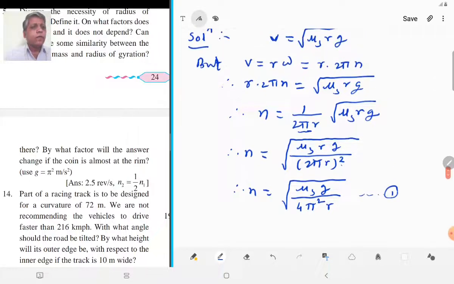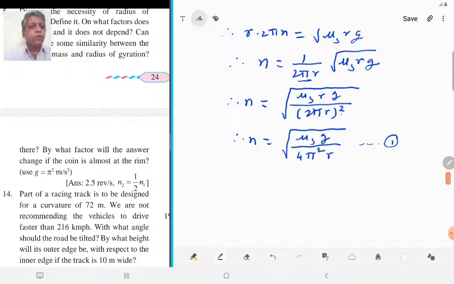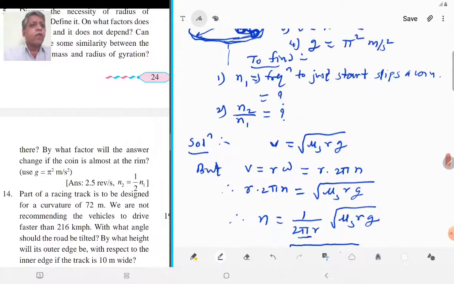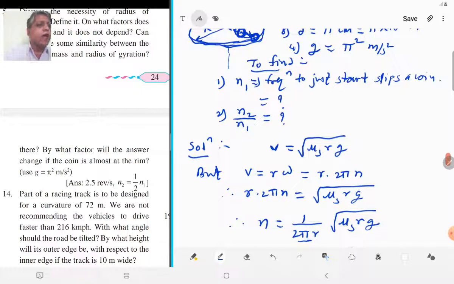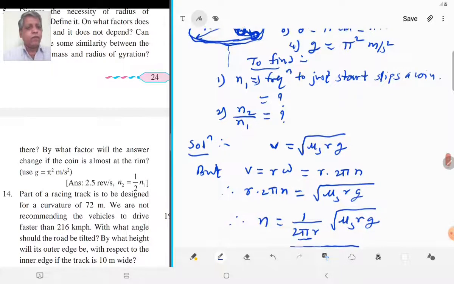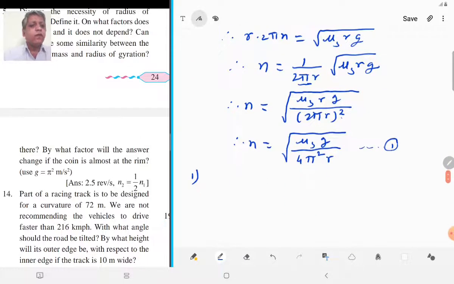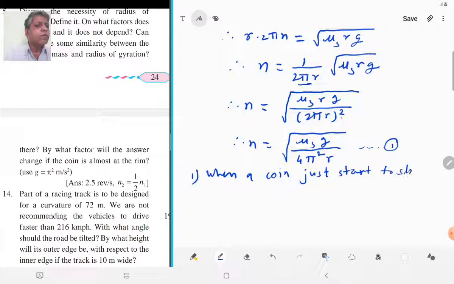Now, first point. Here we consider n1 as the frequency at which the coin just starts to slip. That means when the coin just starts to slip, at that time n is equal to n1 and R is equal to d.